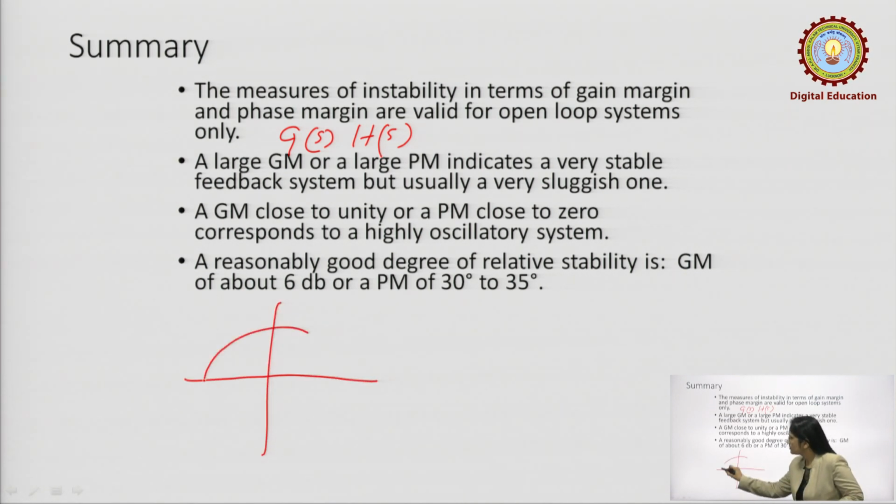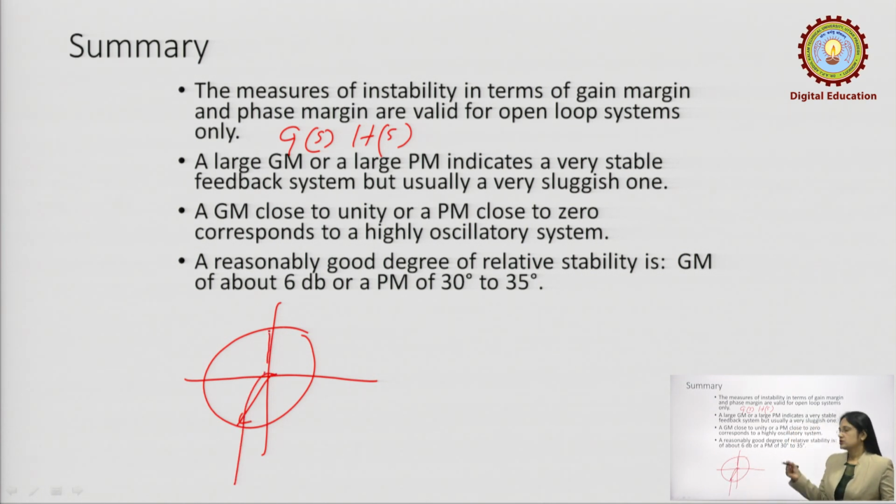Large gain margin means the plot is somewhere here, something like this. So, there is a very large gain margin here, up to which the system can go to the verge of instability, and also the phase margin is very large, but such a system is very sluggish.